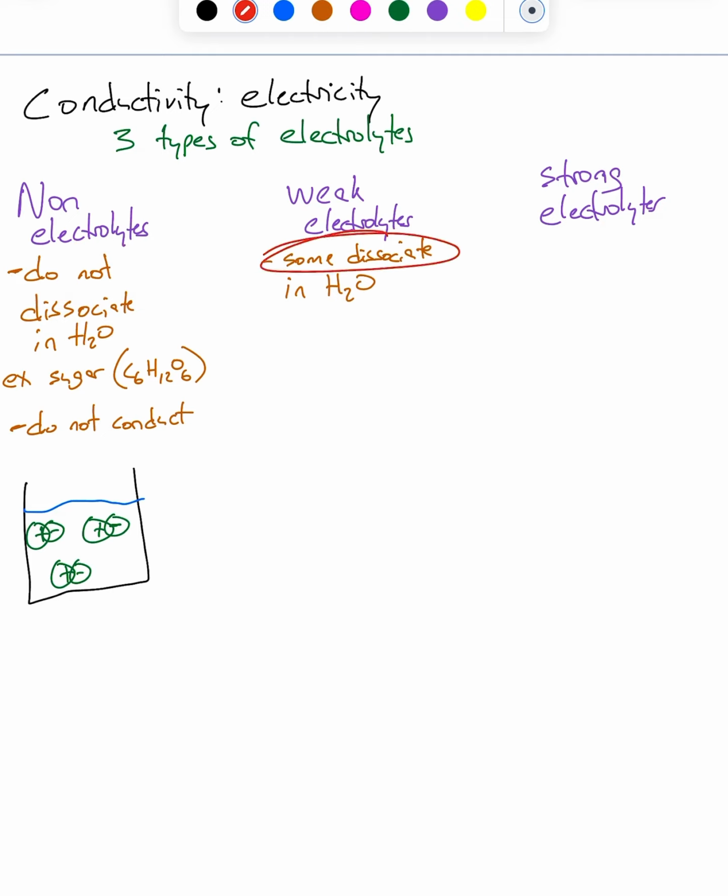Weak electrolytes, some do dissociate in water. An example of this would be water and vinegar, H2O plus vinegar. These are poor conductors.